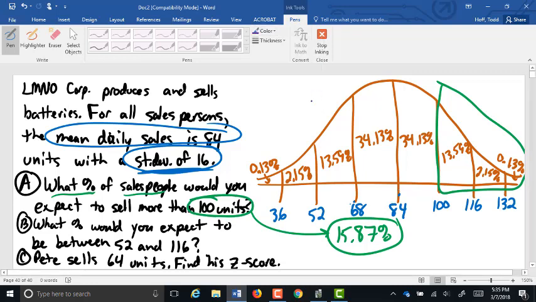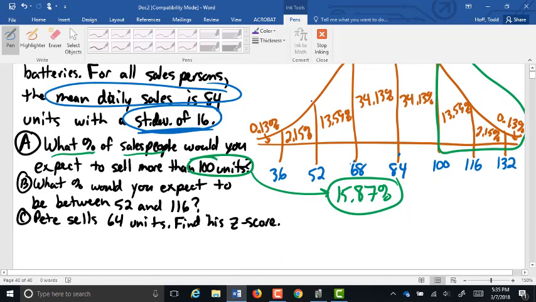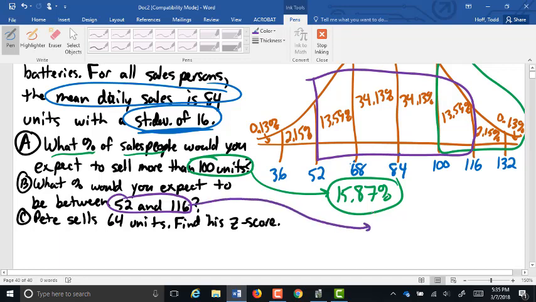The next question, what percent would you expect to sell between 52 and 116 units? Here's 52. Here's 116. We need to add up those percents. So I'd add up the 13.59, the 34.13, and 13.59.